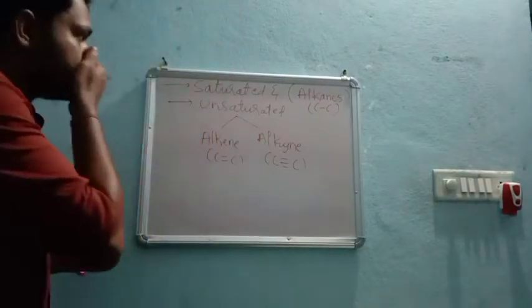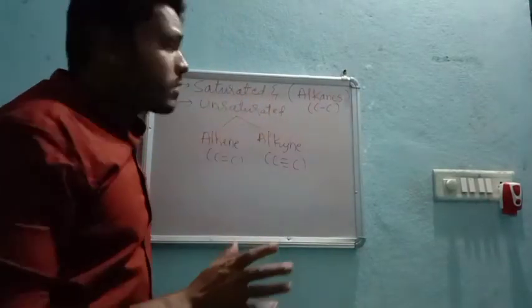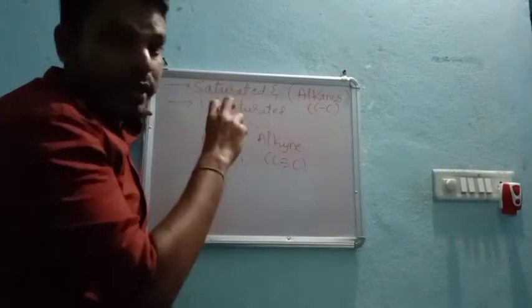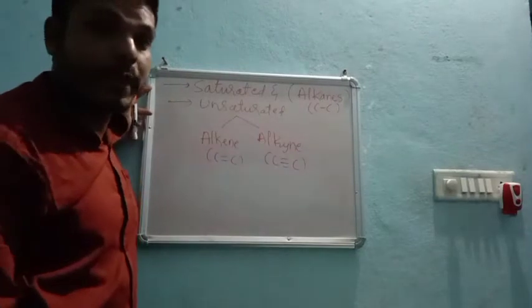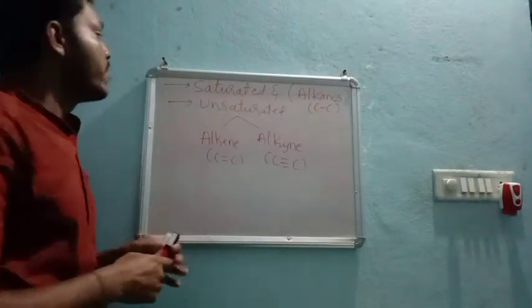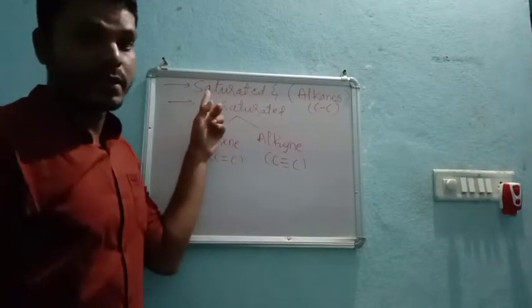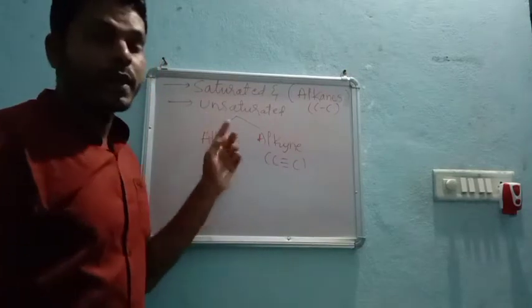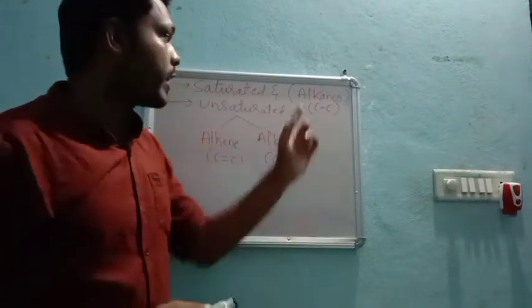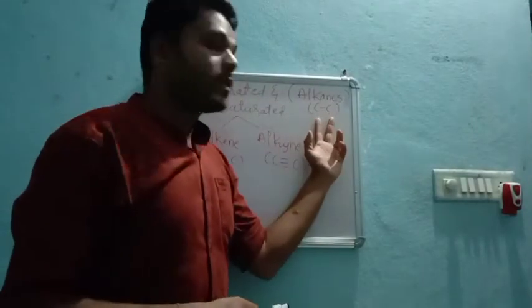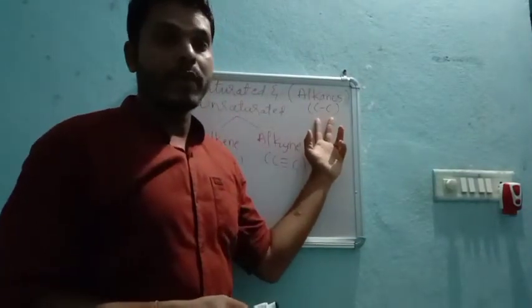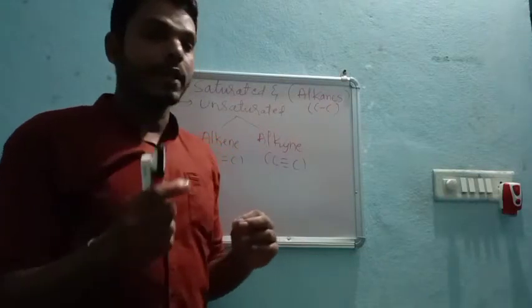These are the main things whenever we study organic chemistry. The organic compounds are divided into two categories, saturated and unsaturated. In saturated, we already know alkanes are nothing but saturated, and saturated organic compounds always have carbon single bonds.